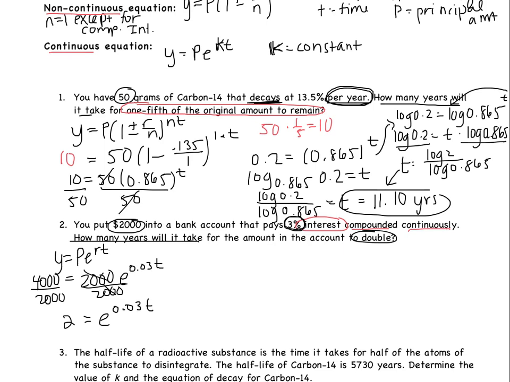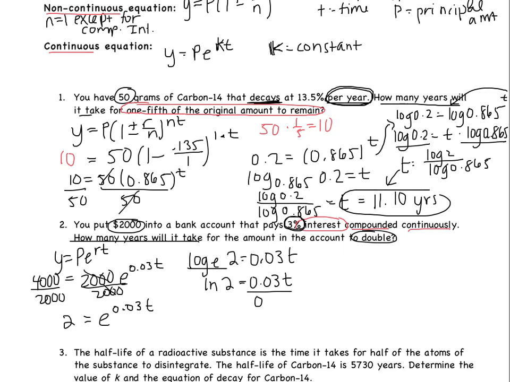I don't have any way of breaking that t apart from the e in the form that I'm in. So now I'm going to switch to log form. In this case, it's going to be natural log. So it's going to be log base e of 2 equals 0.03t. But we don't write log base e, we write natural log. So natural log of 2 is equal to 0.03t.